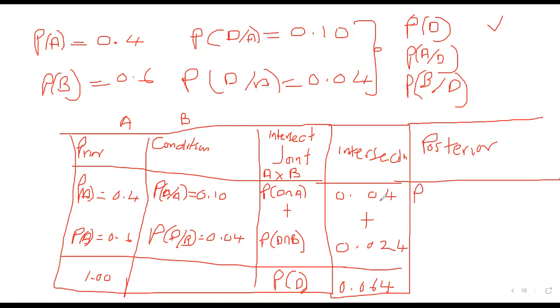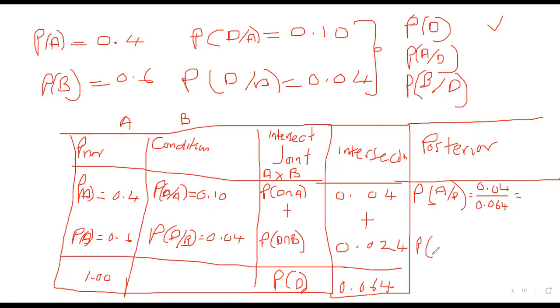So when we divide 0.04 by 0.064, it will make this posterior. Instead of D given A, you're going to have A given D. So this is 0.04 over 0.064.